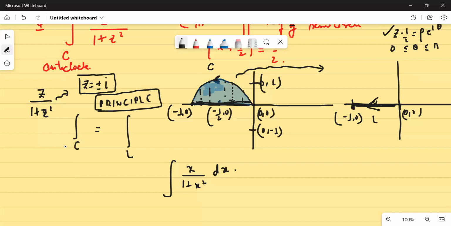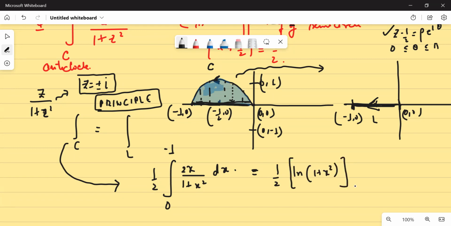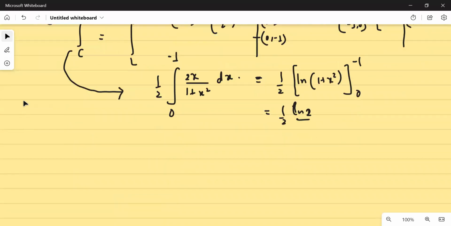This entire integral is transformed into an integral from 0 to -1, so the direction is 0 to -1. If you integrate, multiplying by half, you get ln of 1 plus x square from 0 to -1. Eventually you end up getting, I think, 1 by 2 ln. So see how simple life has become. This is the beauty of the principle of deformation of contours.